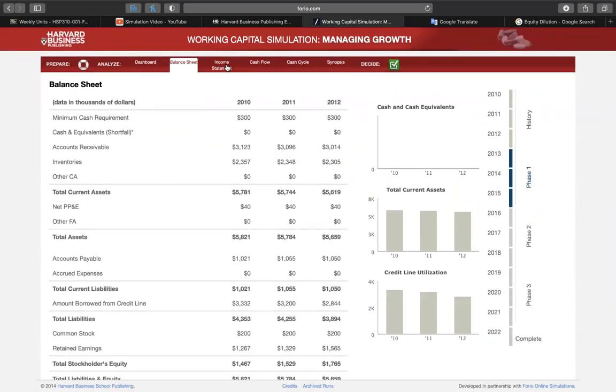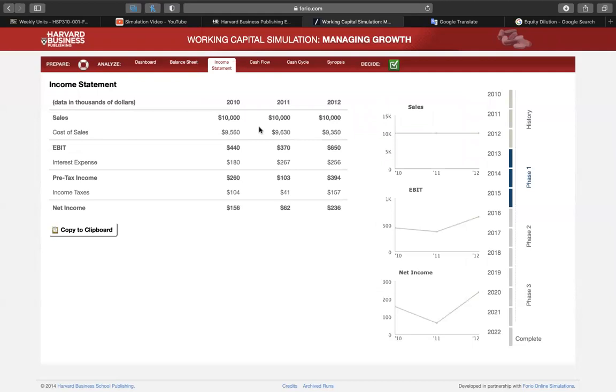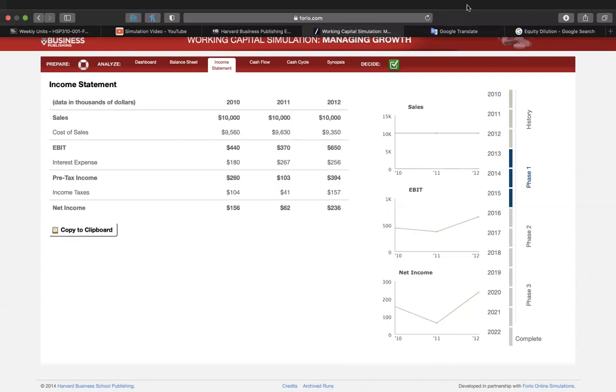Next, let's take a look at the income statement. We got quite a straight line here from 2010 to 2012. It's $10,000, and the cost of sales here is pretty flat. It's pretty much the same throughout the years.